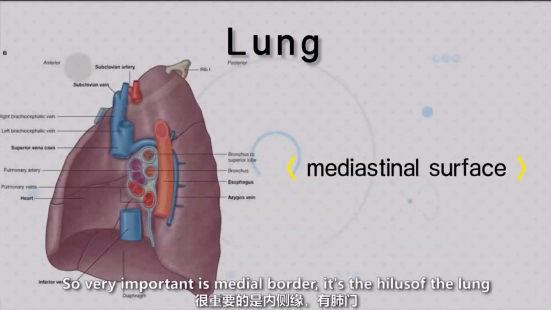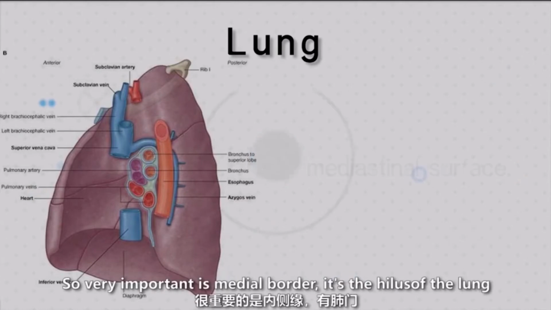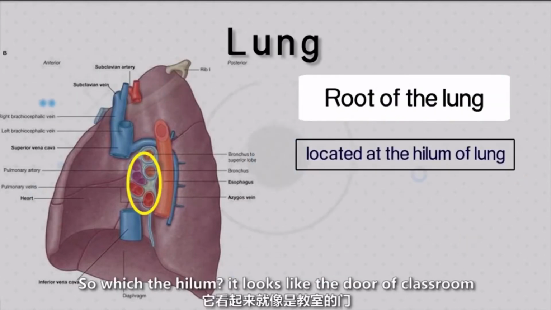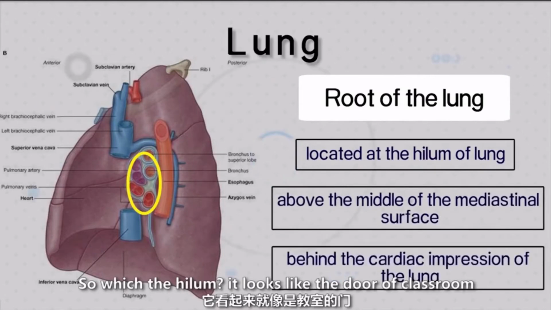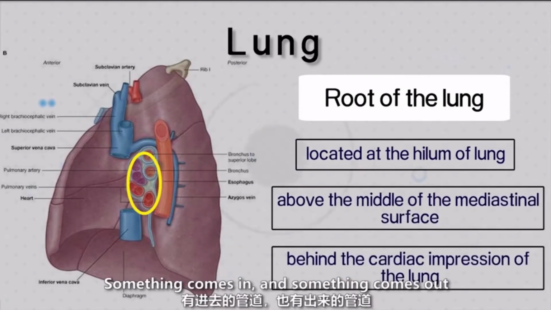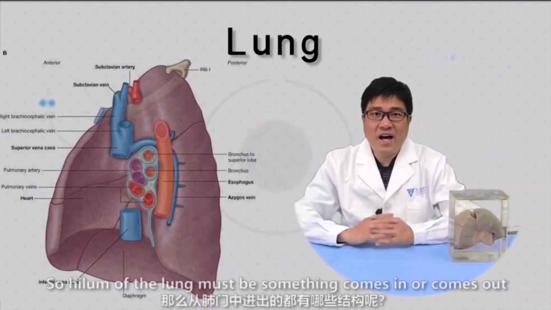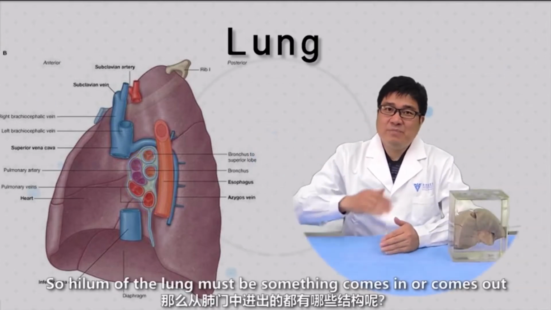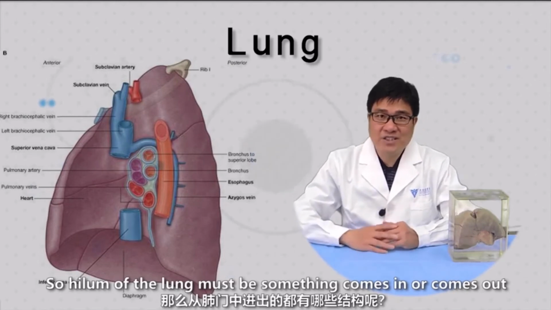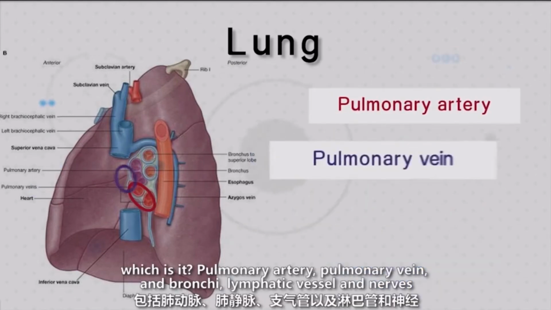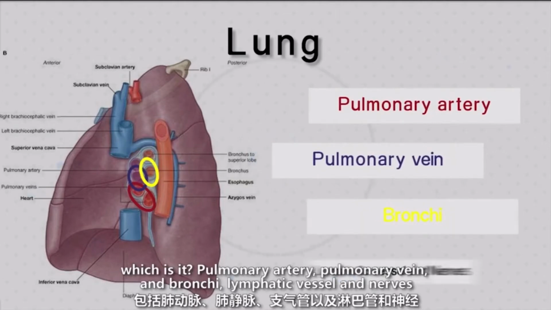Very important is the medial border, the hilum of the lung. The hilum is like the door of the classroom: something comes in and something goes out. So what passes through it? The pulmonary artery, pulmonary vein, bronchi, lymphatic vessels, and nerves.